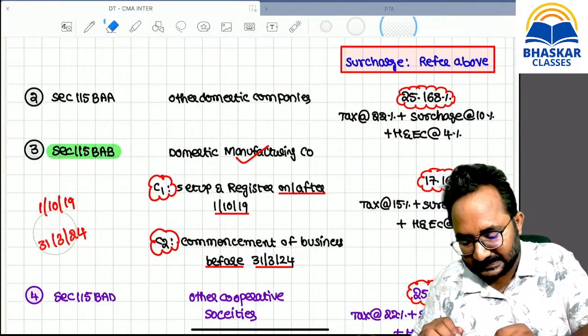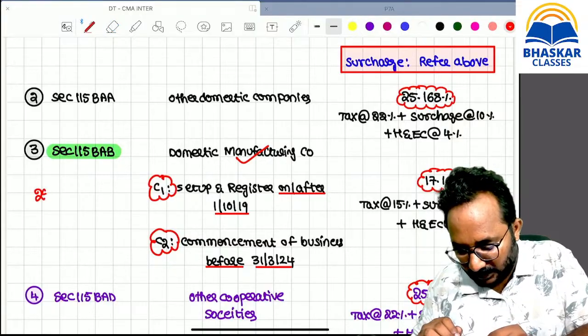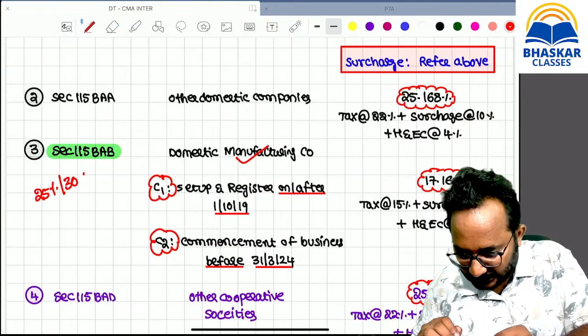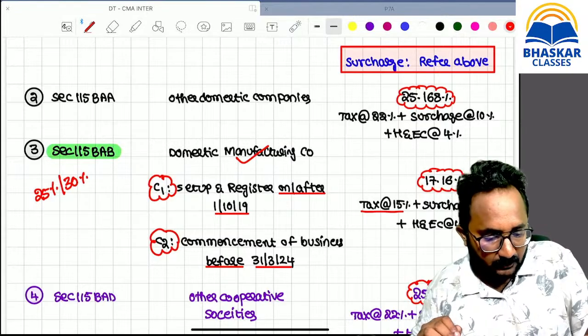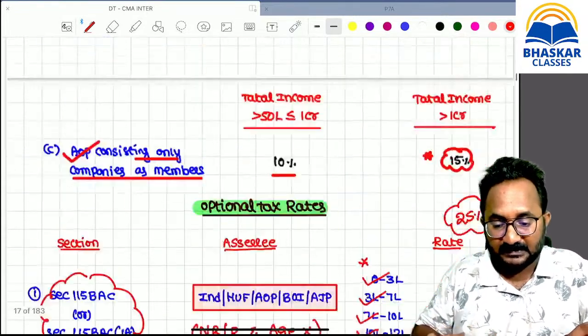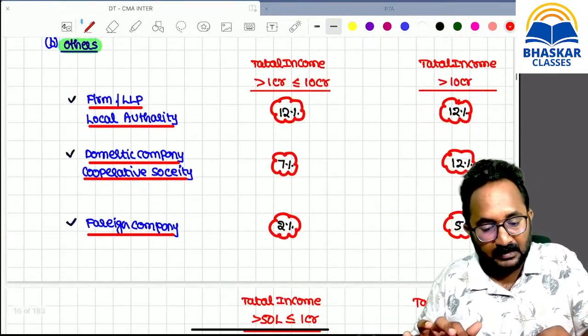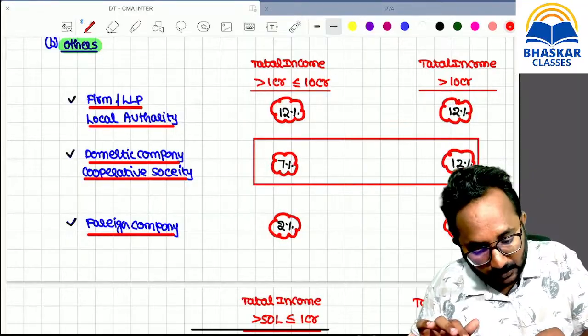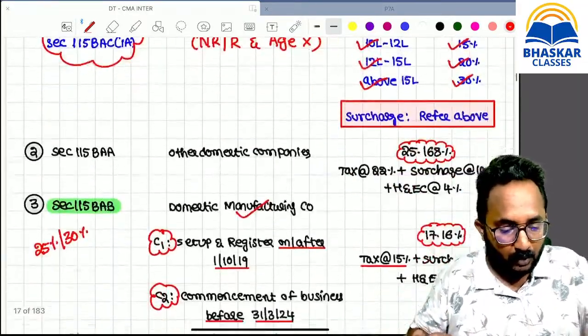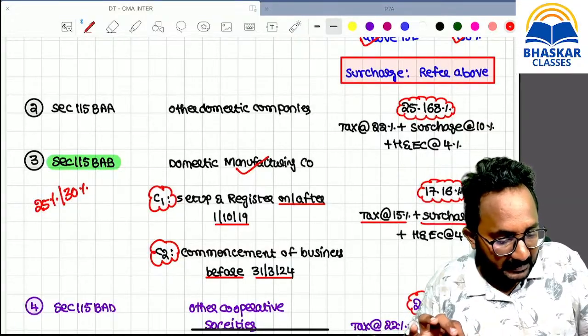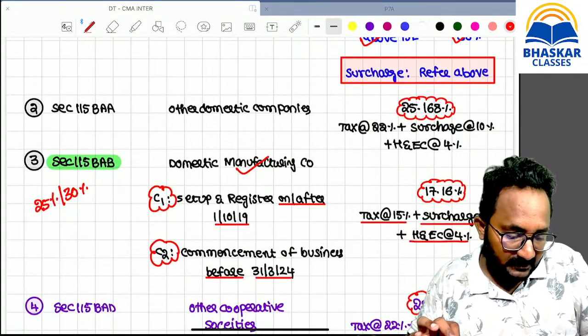Normally, what is the tax rate for a domestic company? 25% or 30%. Now, just 15% is enough. Normally for domestic companies, what is the surcharge rate? 7 and 12, depending upon total income. Now, no need to check the total income: directly 10%, and health and education cess 4%.